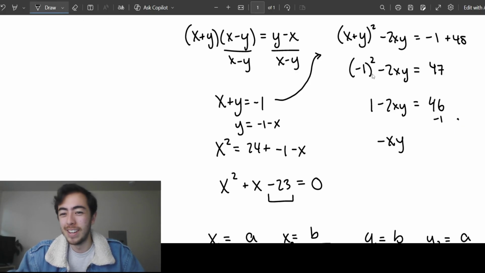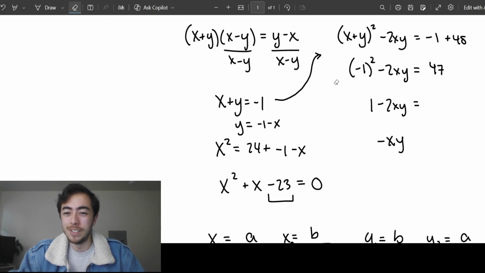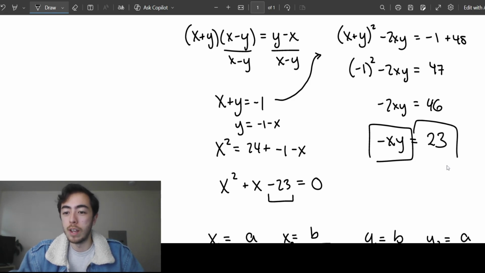My bad. This is the number 1 right here, and I was just one step ahead of myself, I guess. Hold on. This should have been a 47. Then subtracting both sides by 1, that turns into a 46. And then finally, I do just want to divide by positive 2, so I keep this negative xy on the left side, and then I get the 23 on the right.